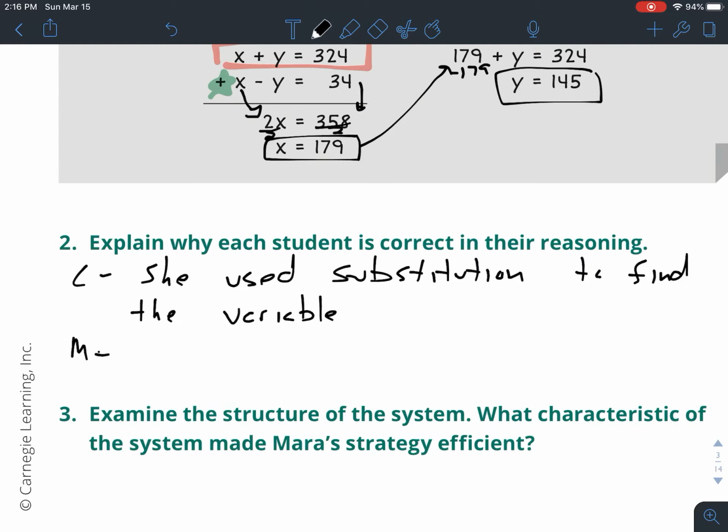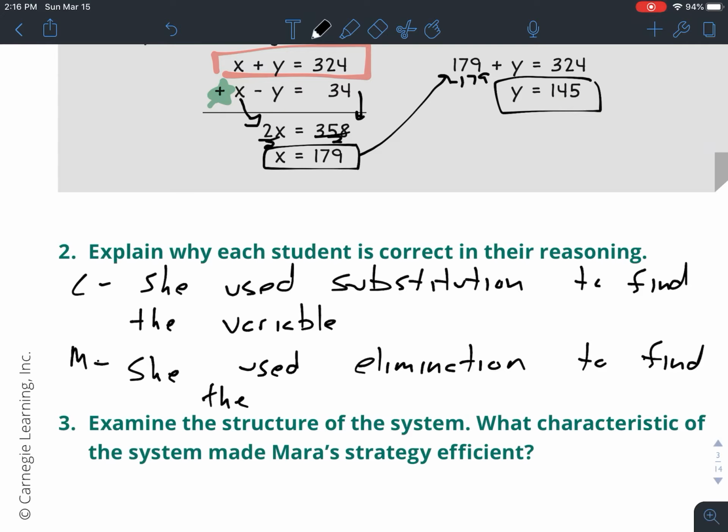And I'm going to say for Mara, she used elimination to find the variable. So either way works.